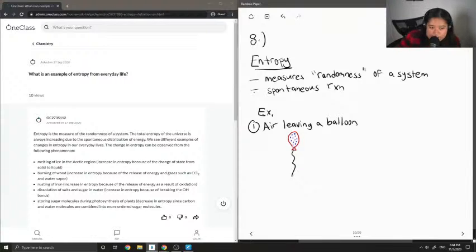So the only reason why they are in there is because someone blew them into the balloon and then sealed it. But ideally, you can just try to picture it. There's a lot of different air molecules that are pushing together inside this balloon, and they really don't want to stay there.